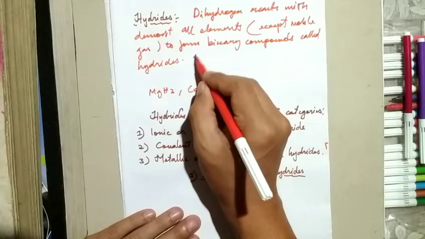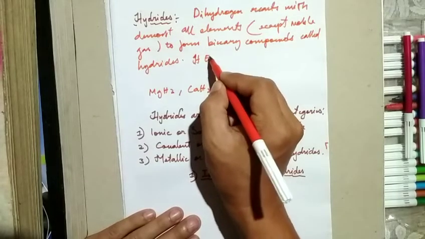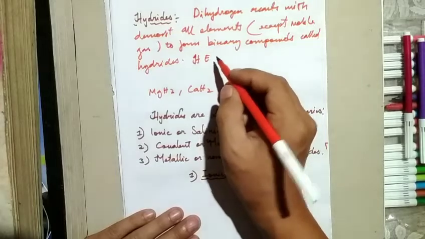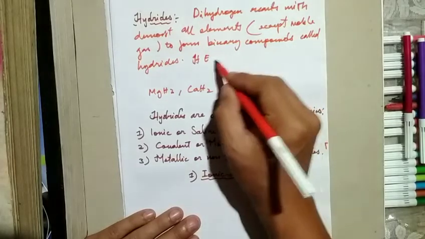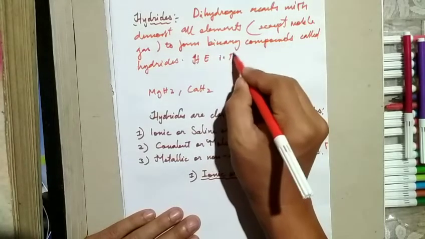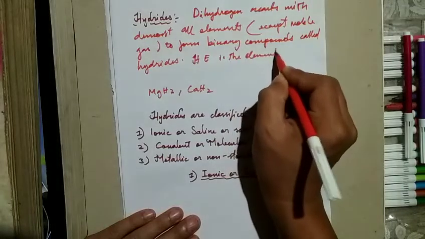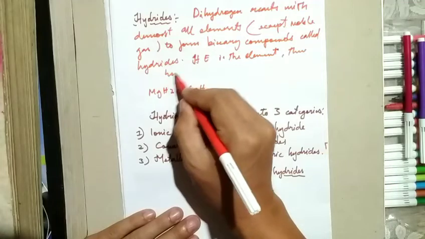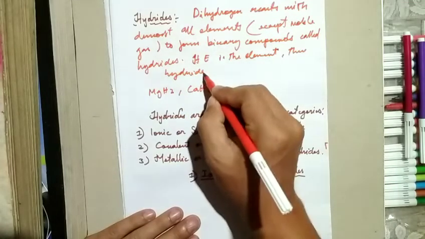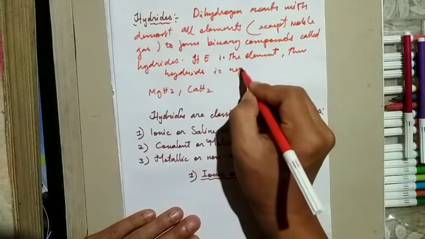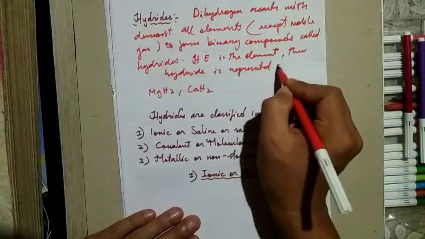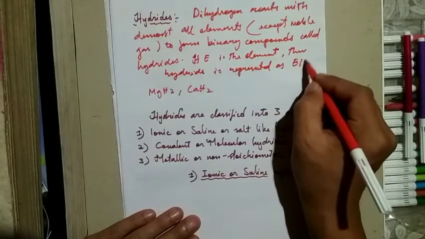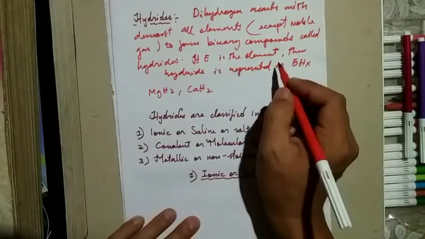So if E is the element, we are going to represent the hydride as EHx.